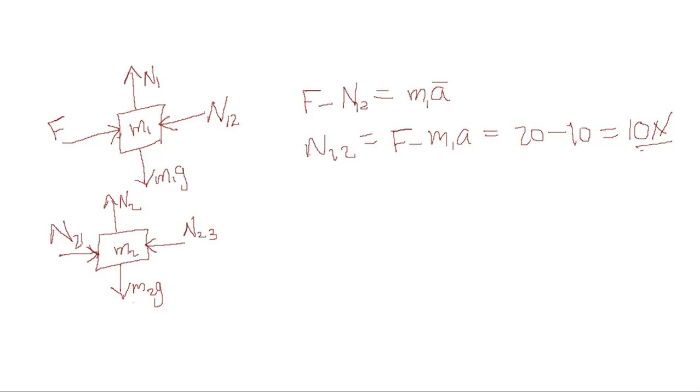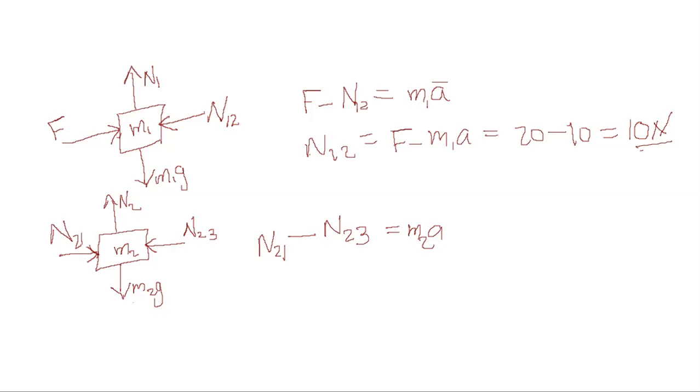So the equation of motion for M2 is N21 minus N23 is equal to M2A. We know that N21 is 10 Newton, which is just opposite to N12.